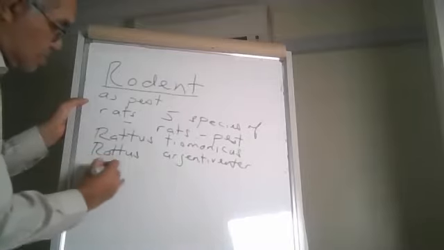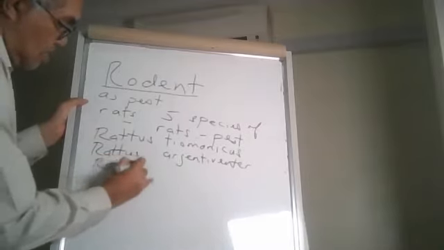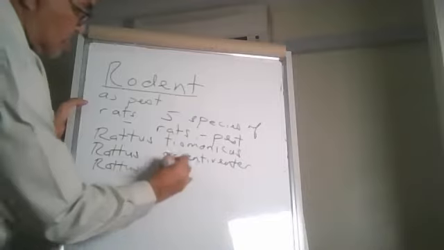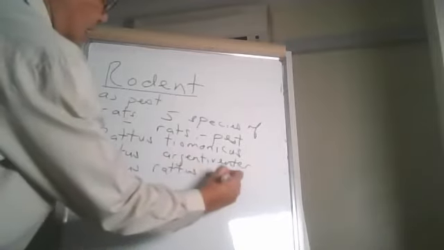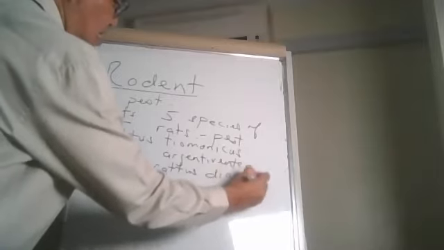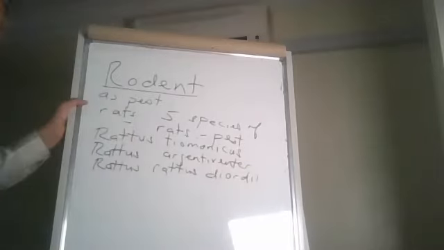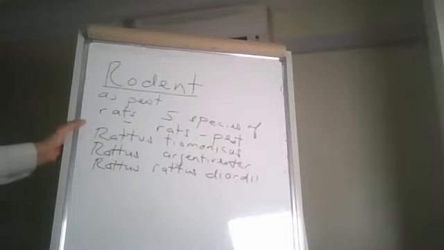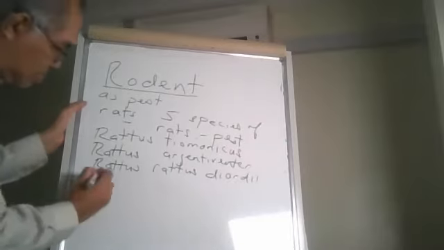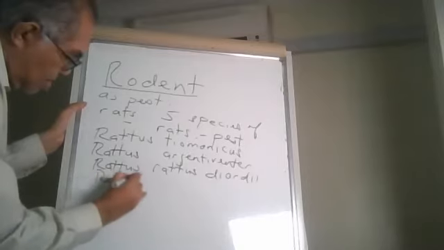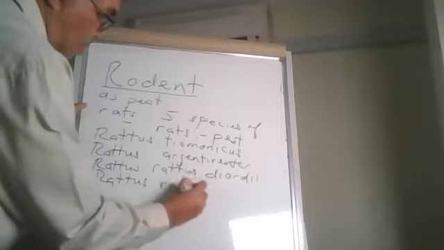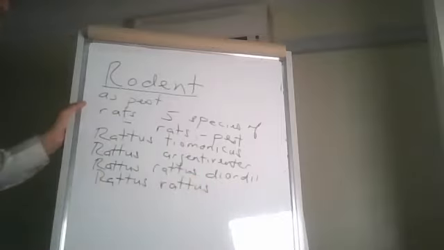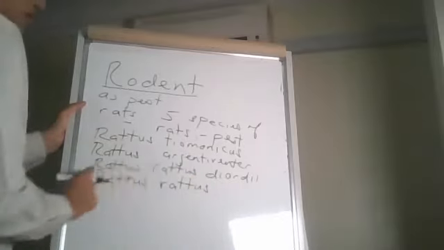Then we have Rattus diardii. Okay. This is a field rat, tikus lapangan. And then we have Rattus. Okay, what's the difference between this one and the preceding one?